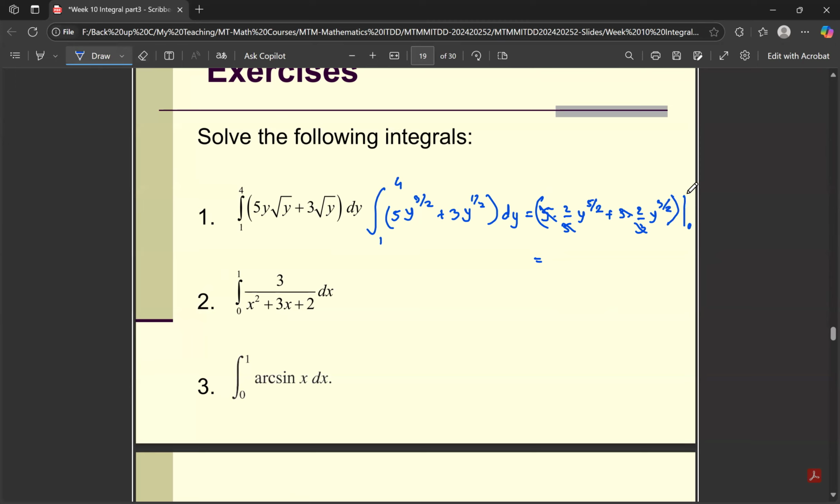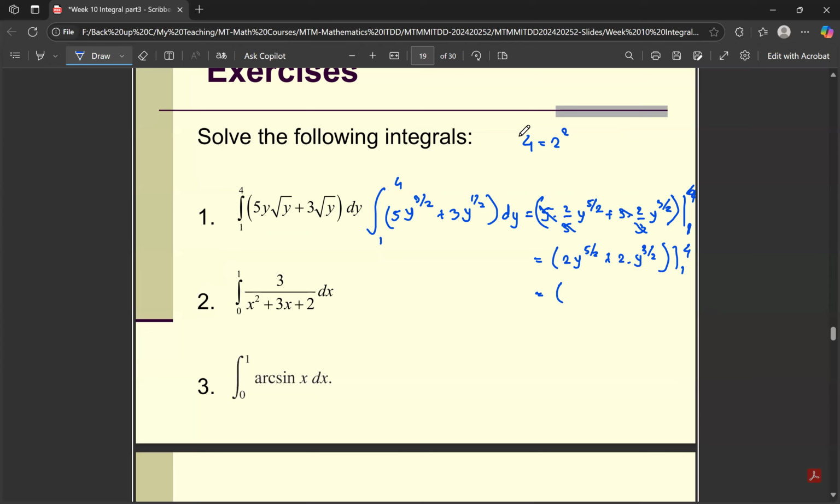This must be from 1 to 4, sorry, 1 to 4. So we have 2 y to the power 5 over 2, plus 2 y to the power 3 over 2, evaluated from 1 to 4. In this case, we know that 4 is equal to 2 to the power 2.